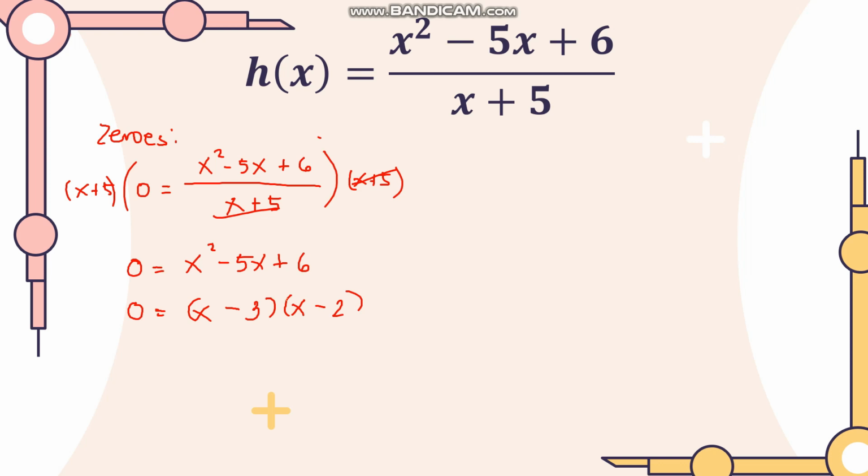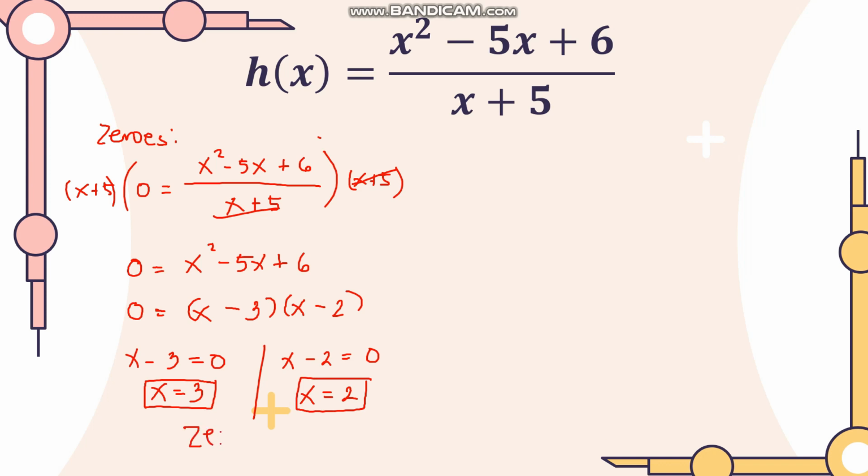Negative 3 plus negative 2 is negative 5. And then just equate both factors to 0. Therefore, we have x equals 3 and x equals 2. So these are now our zeros. For the zeros, we have 3 and 2.